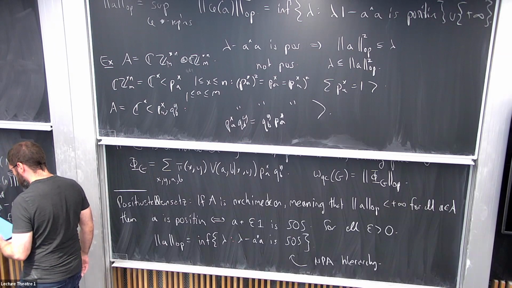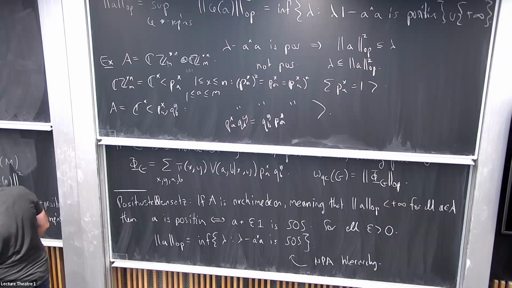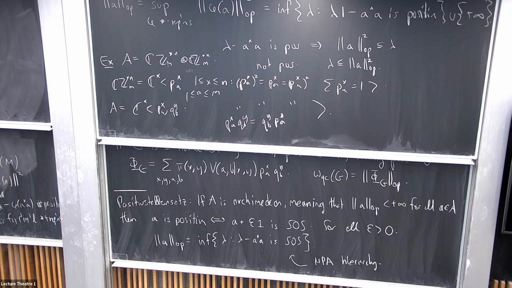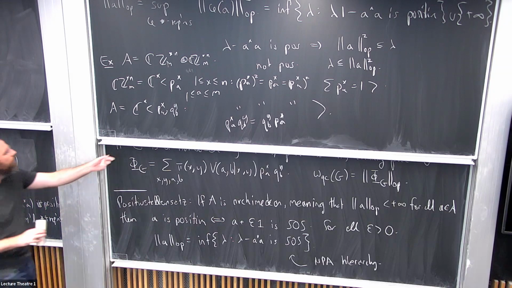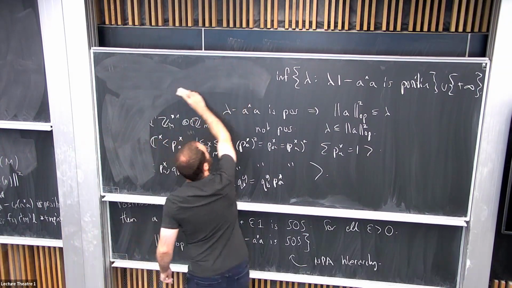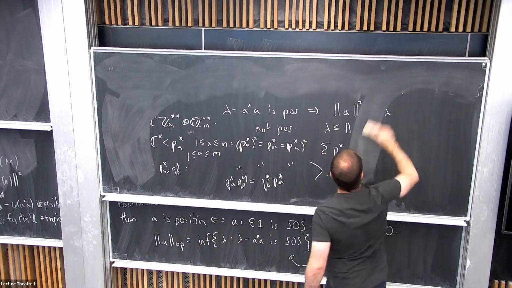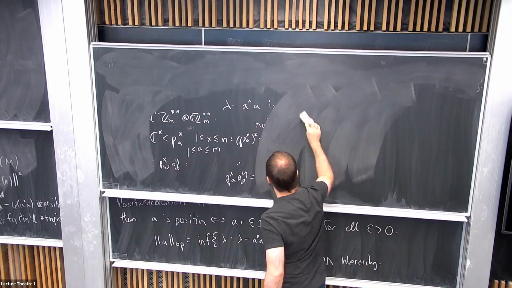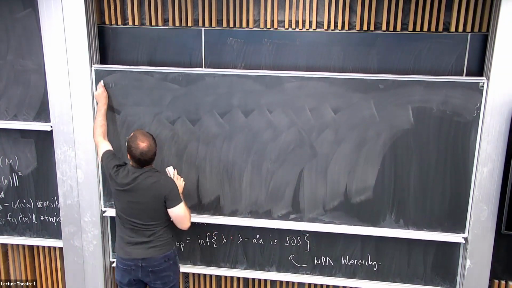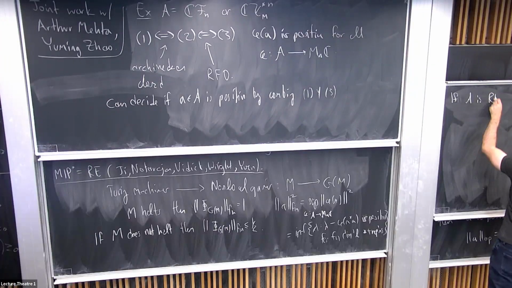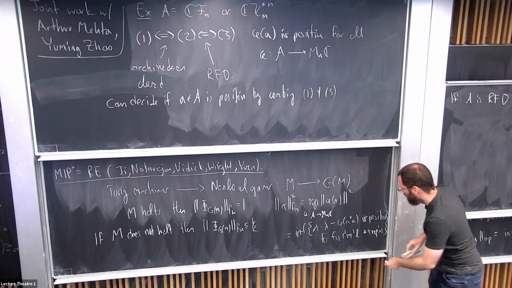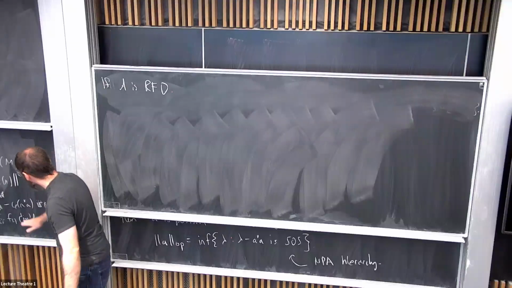So if we think about what it means if A was RFD, let's see. If A is RFD, it means that being positive would be for all finite dimensional star representations phi, okay?